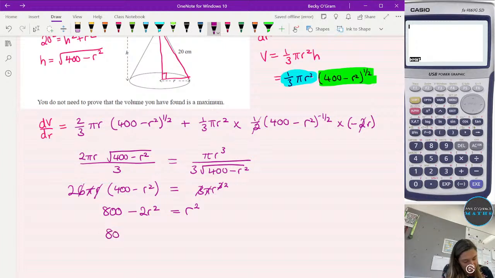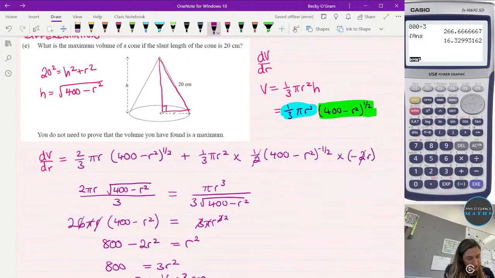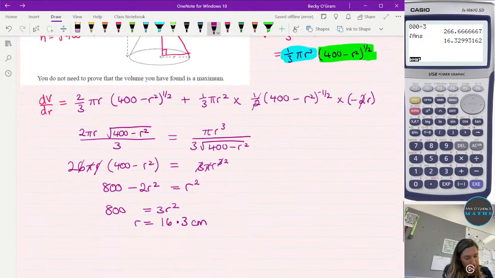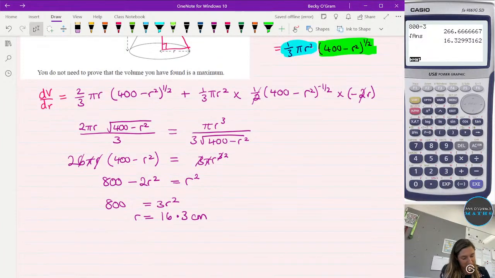This then becomes 800 is equal to 3r squared. So r will be 800 divided by 3, and then square root our answer. The radius will need to be 16.3 centimetres. Now we have found when it happens. Now we need to find what that volume is.